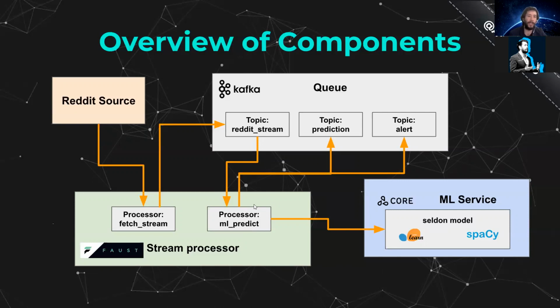If the probability is higher than 0.5, or the prediction is that the mods would have removed it, it then goes into our alert topic, right? And we have another job that reads from the alert topic and puts it into Elasticsearch. But for the sake of simplicity, this is basically what we're going to dive into today.